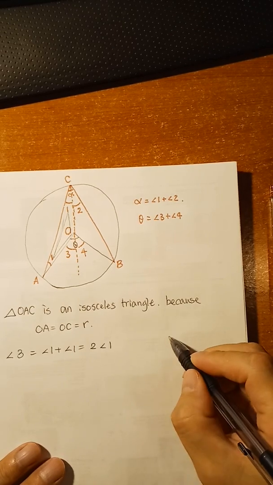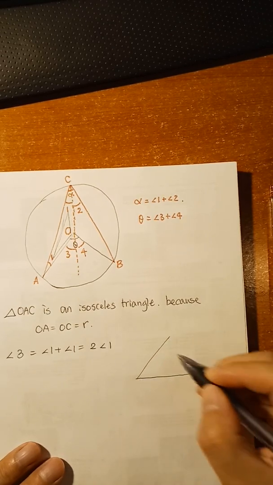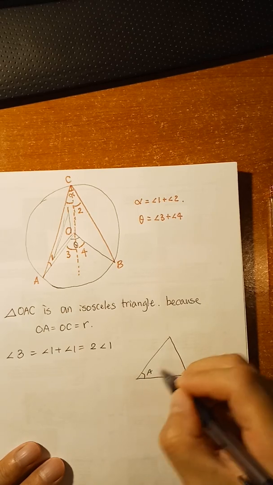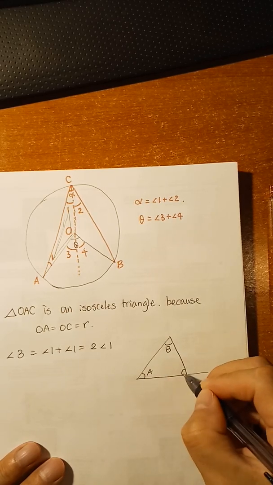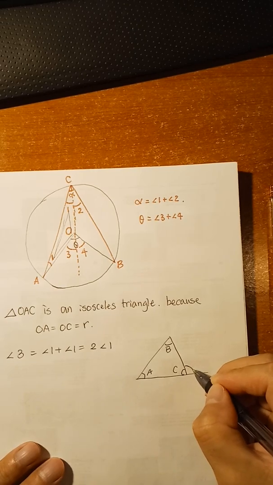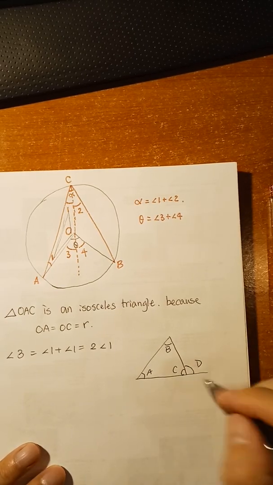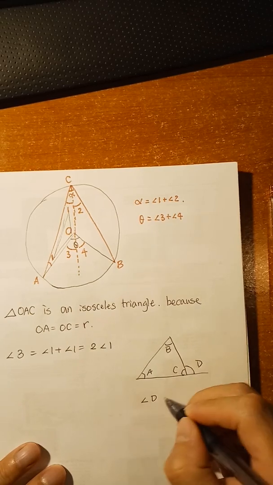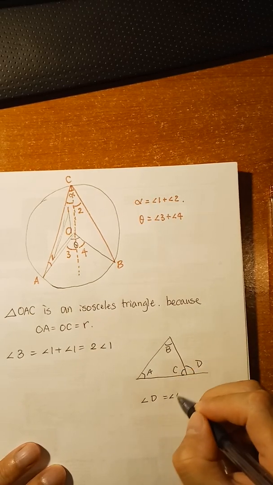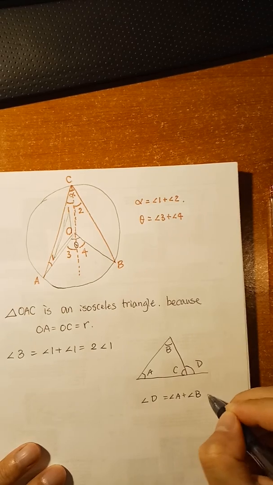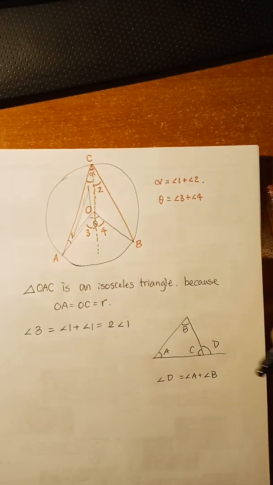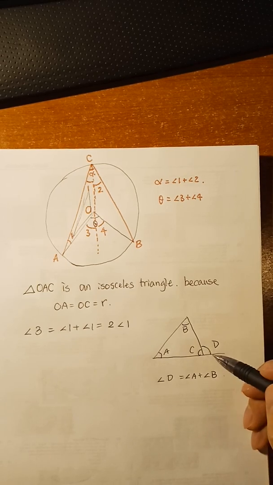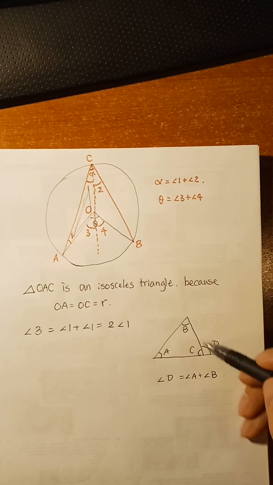Assume we have a triangle with angle A, angle B, angle C, and an external angle D. Then angle D is always equal to angle A plus angle B. This is a basic property of triangles, because angle D plus C is 180 degrees, and A, B, C together are 180 degrees.